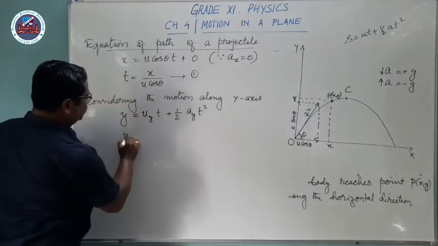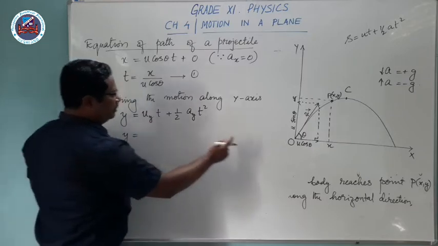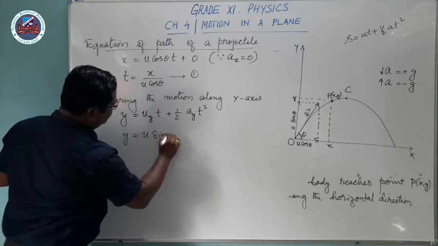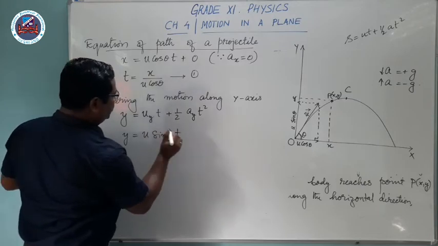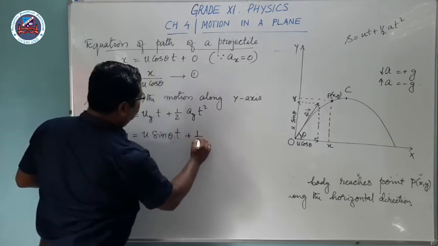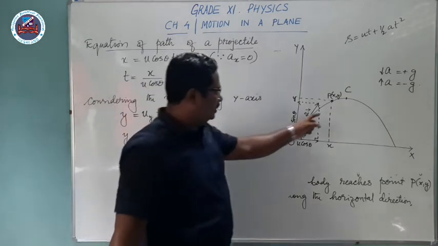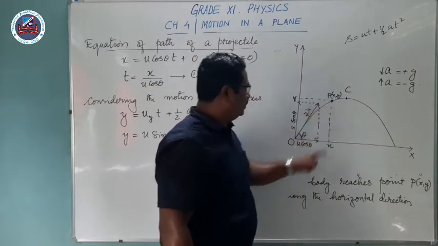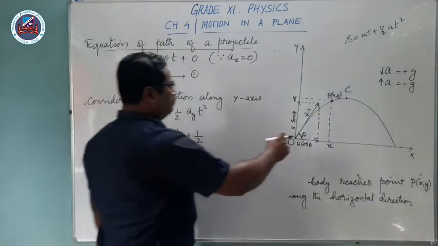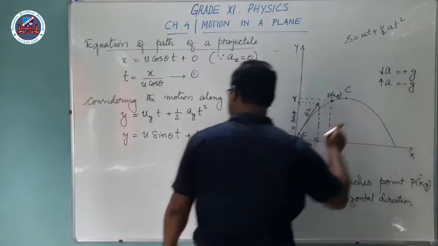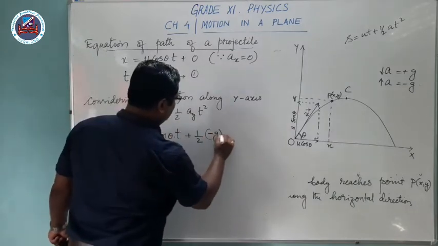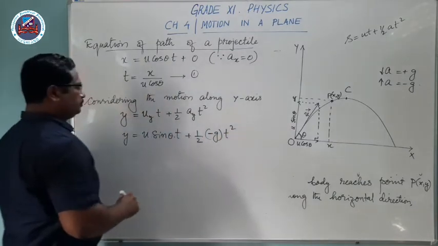Now y is equal to uy, the velocity along the y-axis, which is u sin theta, into t plus half of, when the body is at point P, it is moving in the upward direction, so acceleration due to gravity we will take as minus g, t square.